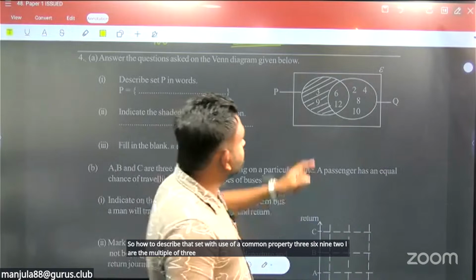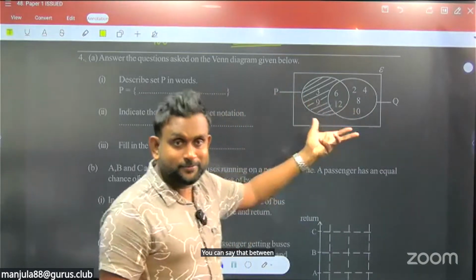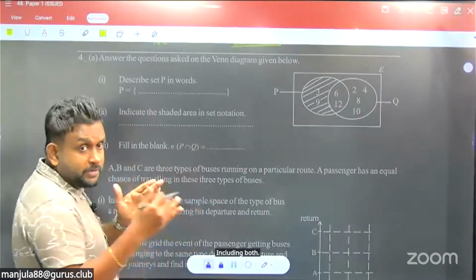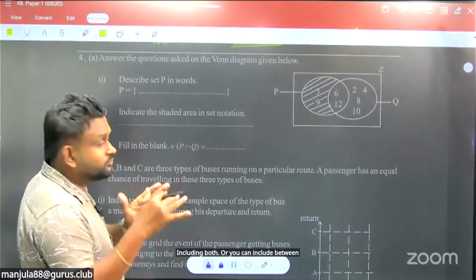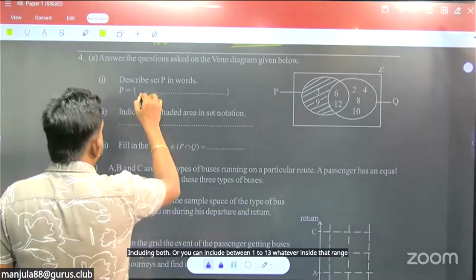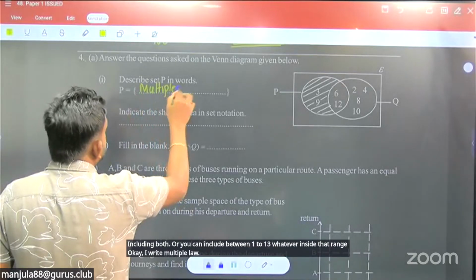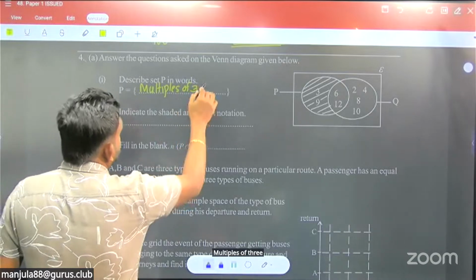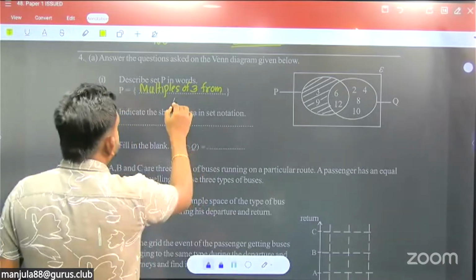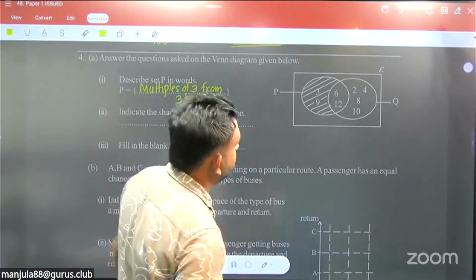You can say from 3 to 12, including both, or you can include between 1 to 13, whatever thing inside that range. Okay, I write multiples of 3, from 3 to 12. So 3, 6, 9, 12 taken.